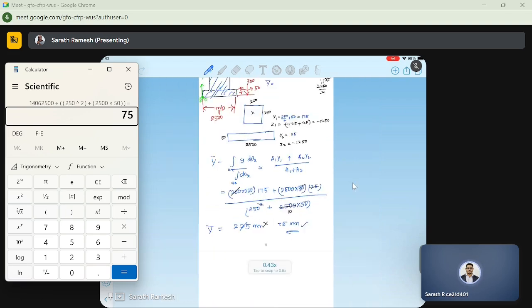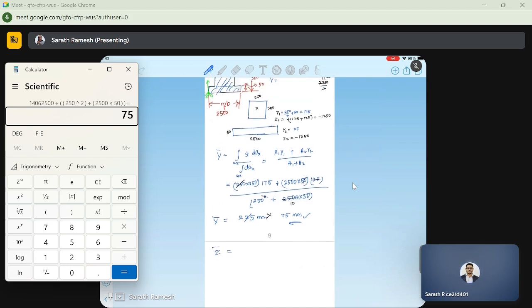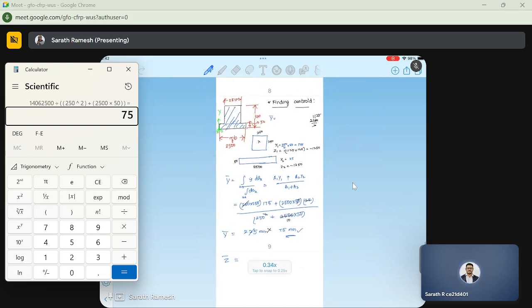Similarly, for z we'll get almost the same. Z equals a1 z1 plus a2 z2 by a1 plus a2. This should be symmetrical, but still let's do it.